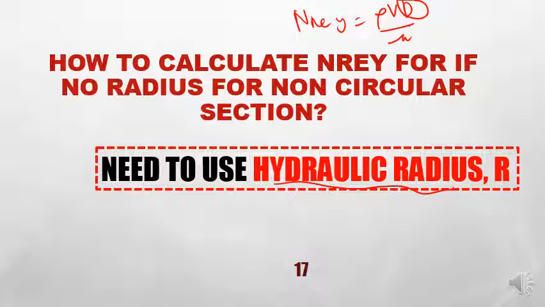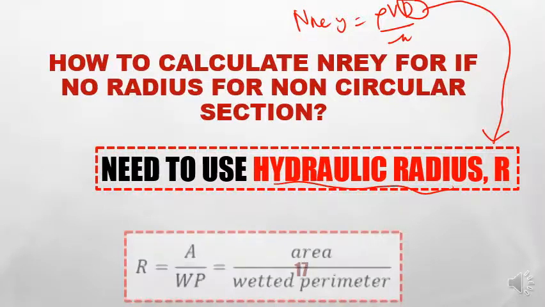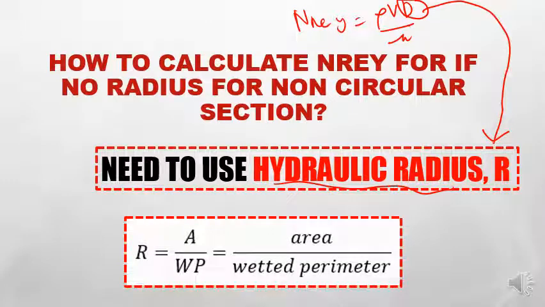So this d parameter needs to be replaced with a new parameter, called the hydraulic radius. What is the hydraulic radius? We can determine it using the ratio between area and wetted perimeter. Let's take a look at the next slide.